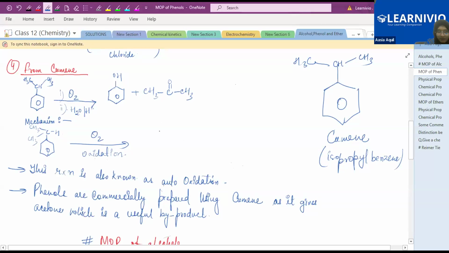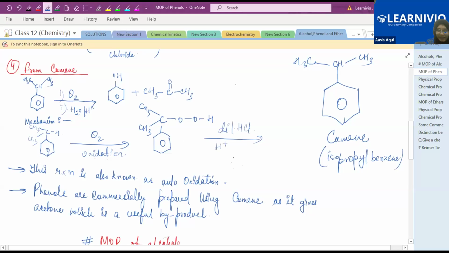So the first step is oxidation, meaning the addition of oxygen. The CH3 stays as it is, and between this carbon and hydrogen, two oxygens get attached. The addition of two oxygens means you will see here the peroxide bond. So on oxidation, it will form a peroxide bond. Now, what happens next? When you add dilute HCl, it will give you H plus.